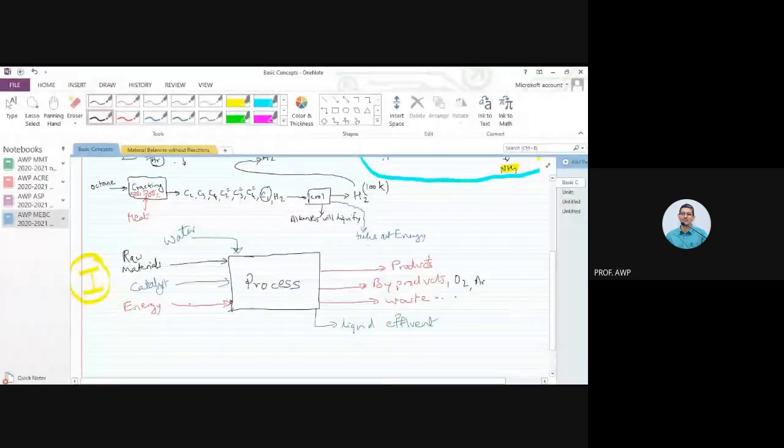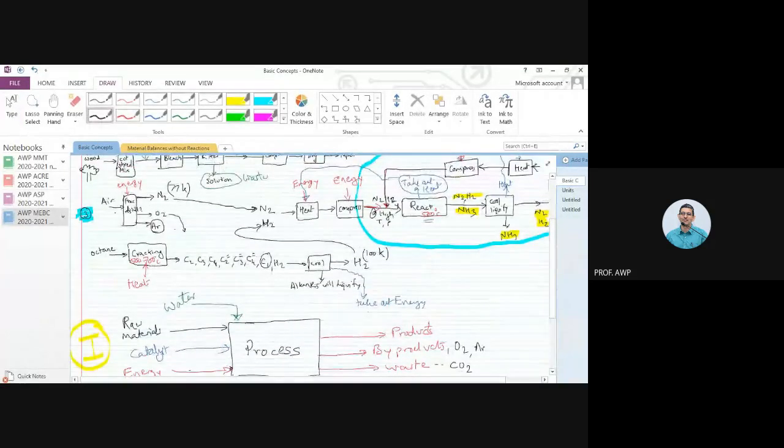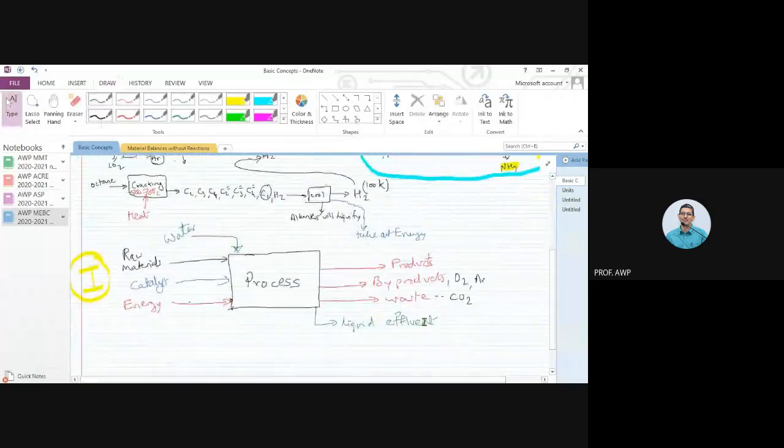Your waste is the carbon dioxide that is there in the air that you have to take out first before it goes to fractional distillation. And your product could be ammonia, it could be N2, it could be whatever, pulp, glass, whatever is your product.